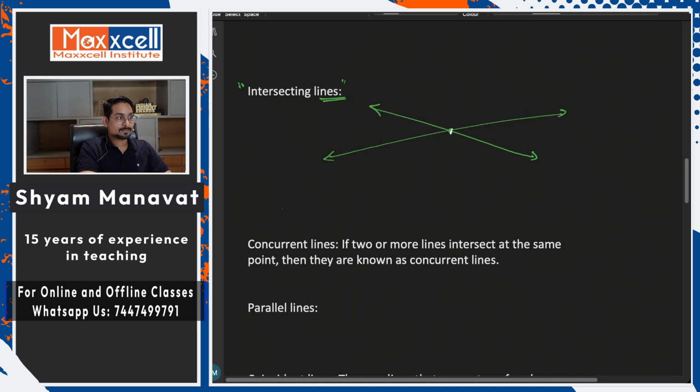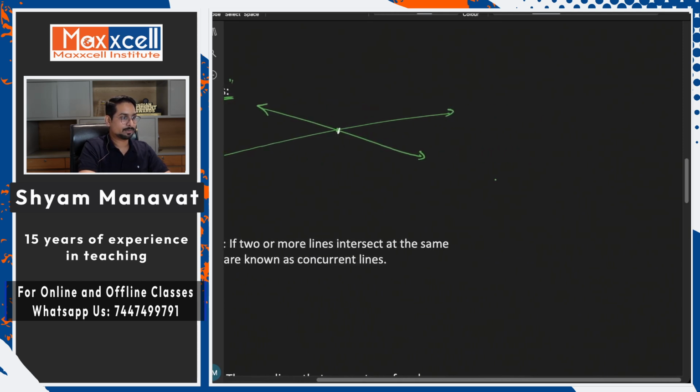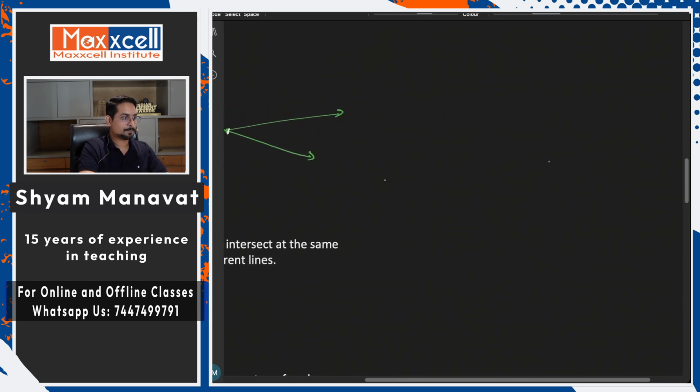And I hope you understand that two lines can intersect at only one point. Keep this in mind. Don't forget. You have this, let's say line 1. So you can't have line 2 like this. Are you getting it? Line 2 has to be a straight line, in a straight path. So two lines can only intersect at one point.